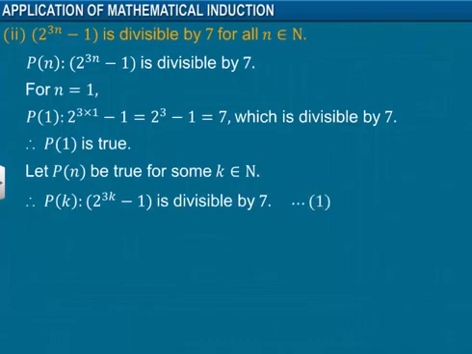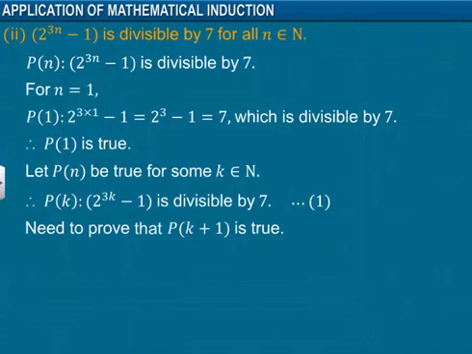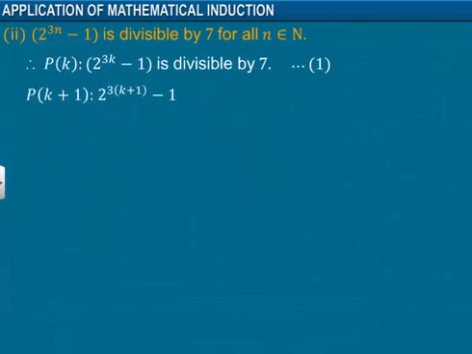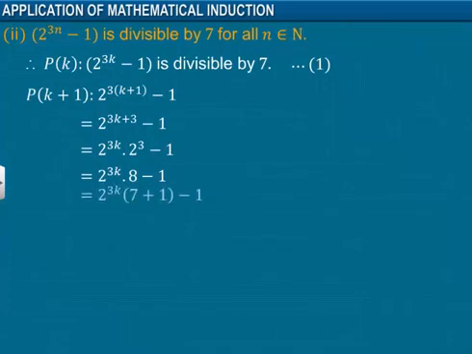Now, we have to prove that P of k plus 1 is also true. On replacing n with k plus 1, we get 2 raised to the power 3 times k plus 1 minus 1. On simplification, we get 2 raised to the power 3k multiplied by 8 minus 1. We'll write 8 as 7 plus 1.